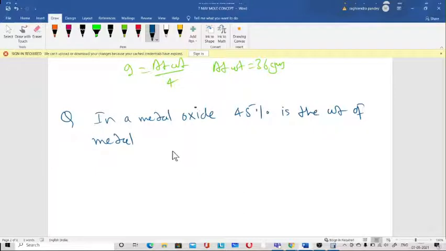What is the equivalent weight of the metal? This is the question.